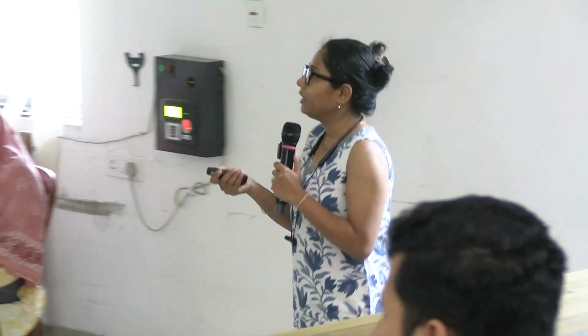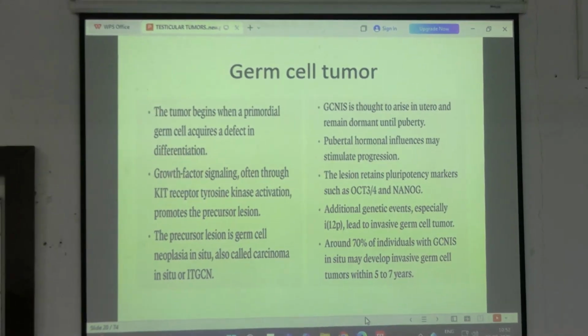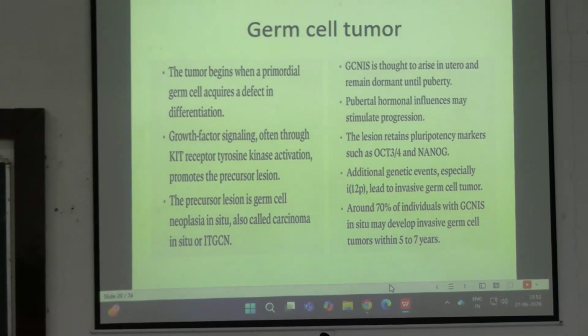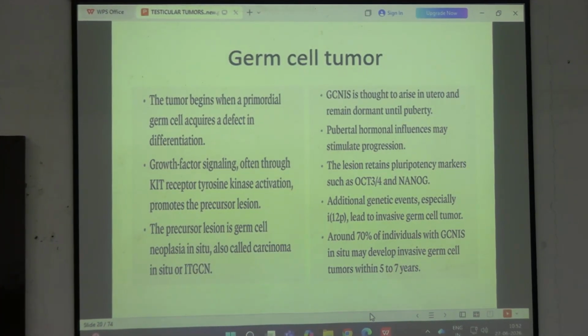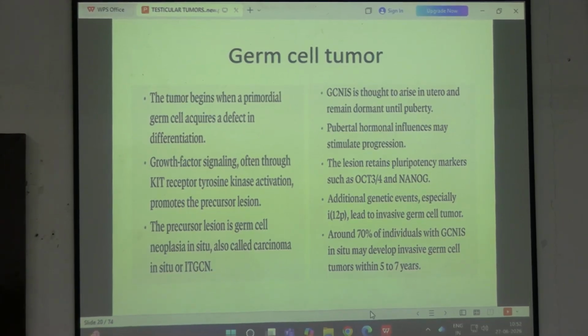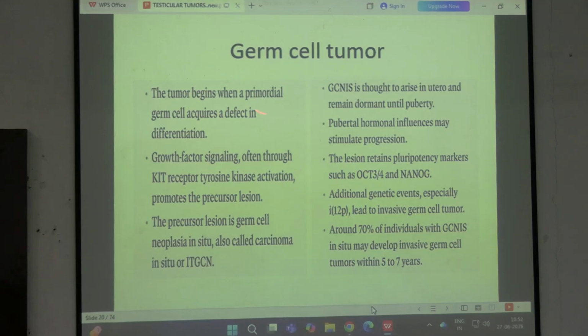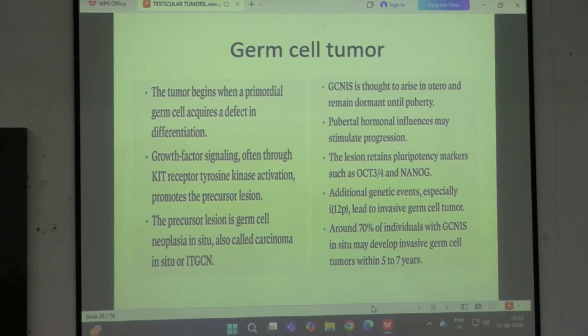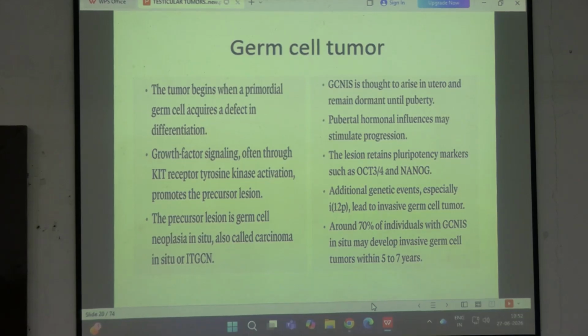The precursor lesion, which is germ cell neoplasia in situ, GCNIS. Don't get confused, just know germ cell neoplasia in situ, GCNIS. This is already developed in utero. GCNIS is thought to arise in utero and remain dormant till puberty.